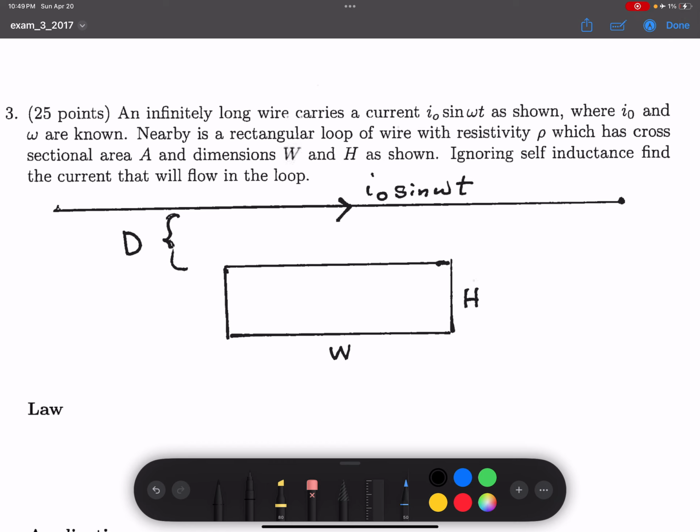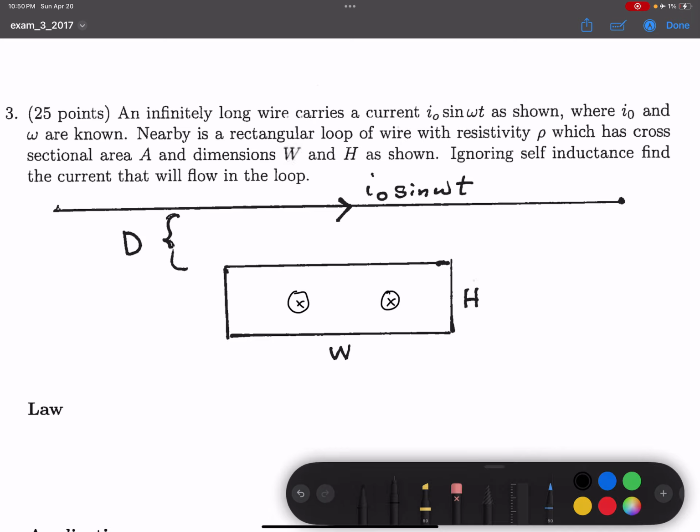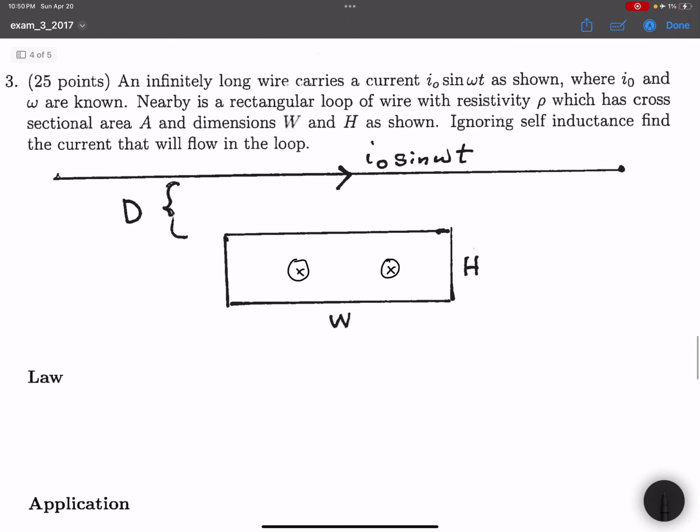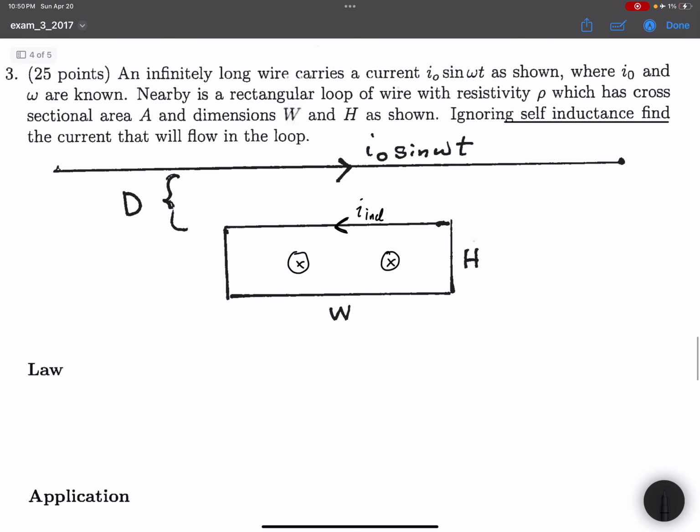I know you can't see me, but the right-hand rule says the magnetic field is going into the page through the loop, which according to Lenz's law is going to induce a current to the left, I induced. And it's going to have its own magnetic field, but we don't need to worry about that because self-inductance is being ignored.